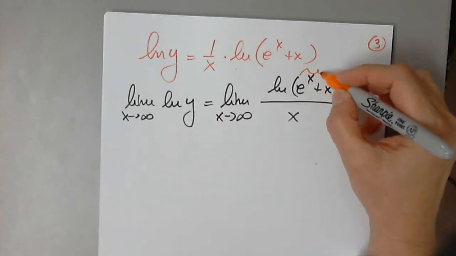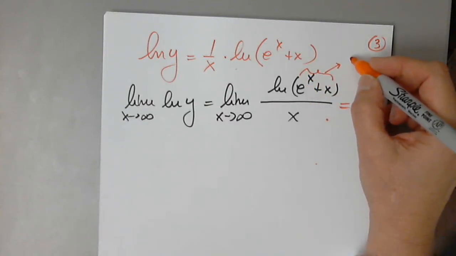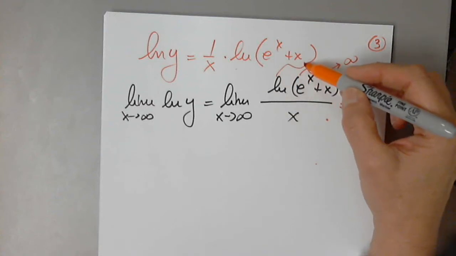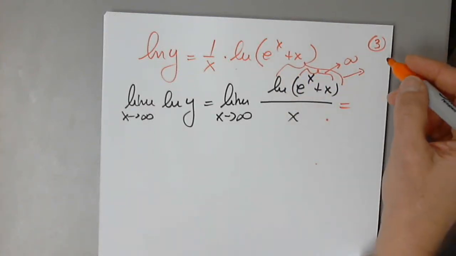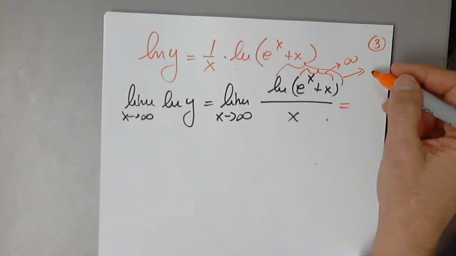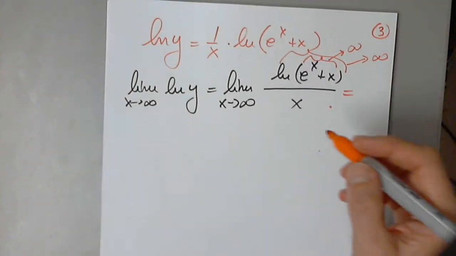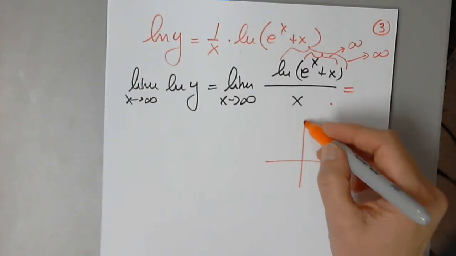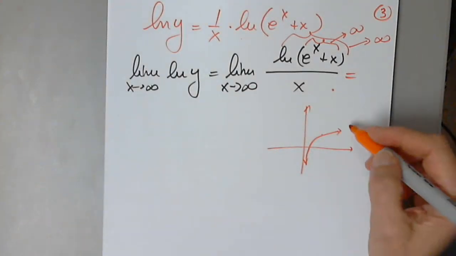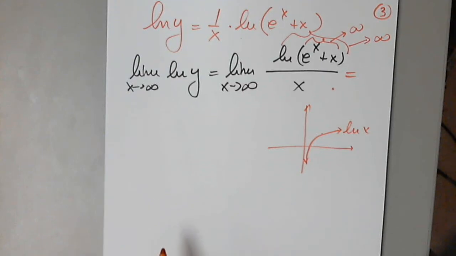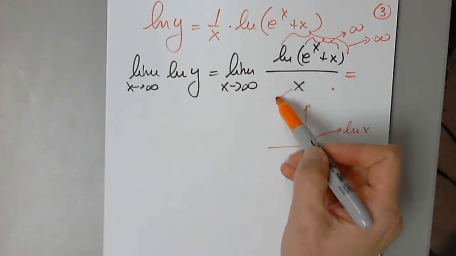Okay, let's take it piece by piece. Where does this go? Good. Now picture the graph of e to the x and tell me where does the natural log go? Yes, indeed. So please remember, thank you, Sammy. Please remember this. When x approaches infinity, natural log approaches infinity. And where does this go?